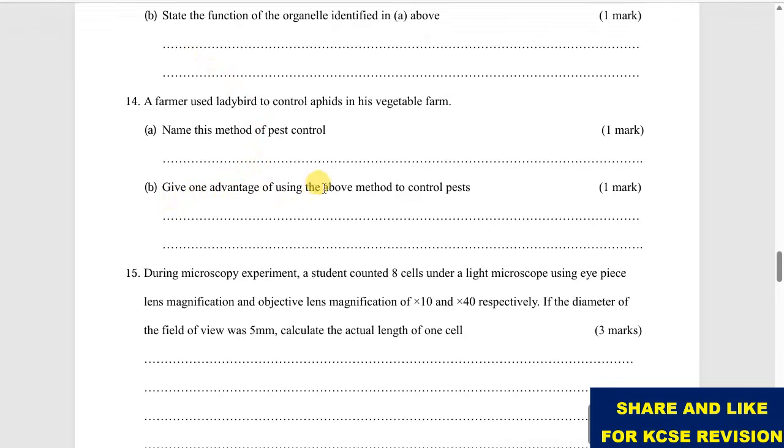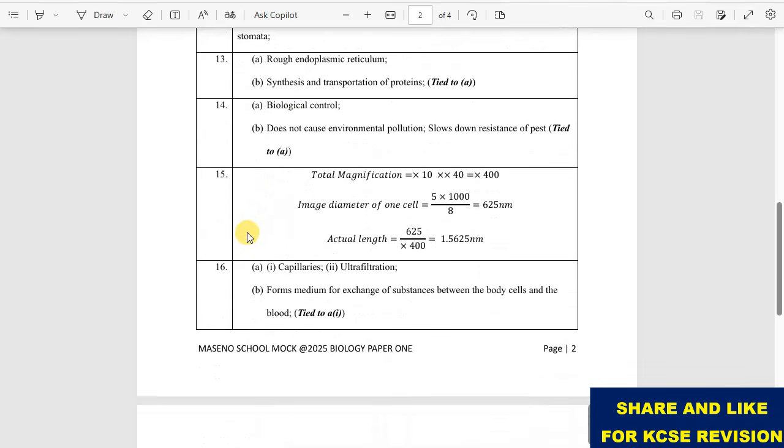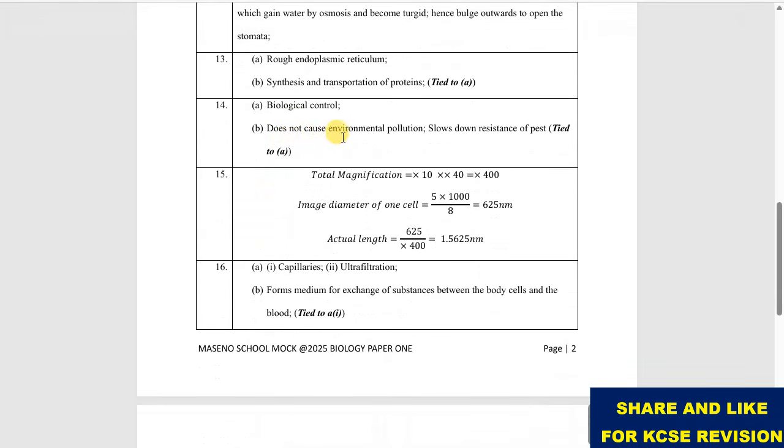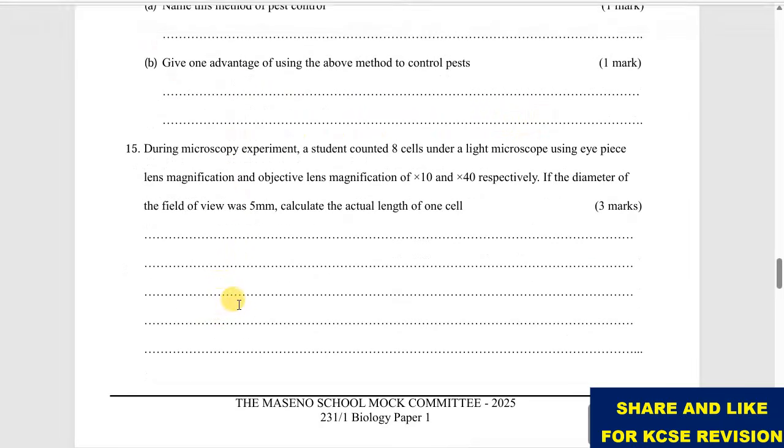Give one advantage of using the method above to control pests. It does not cause environmental pollution. It slows down resistance of pests. It should be tied with question A. If question A is wrong, question B is wrong automatically.